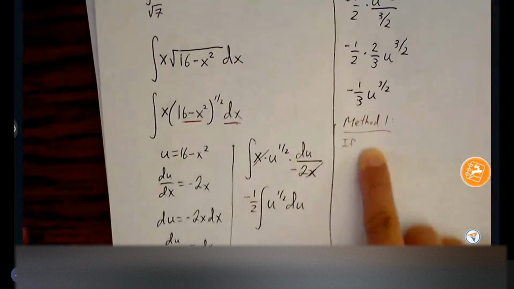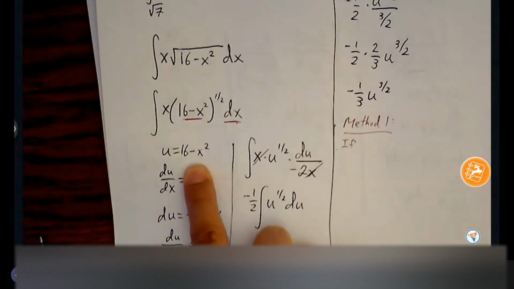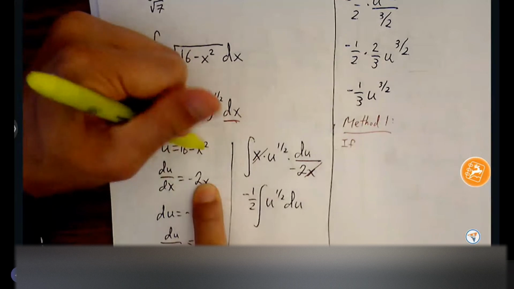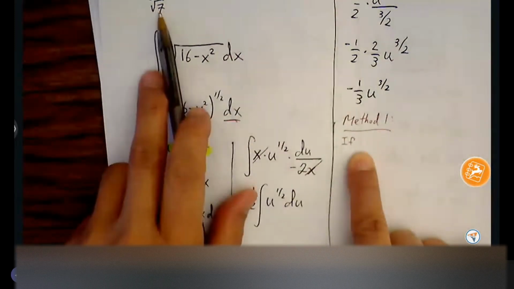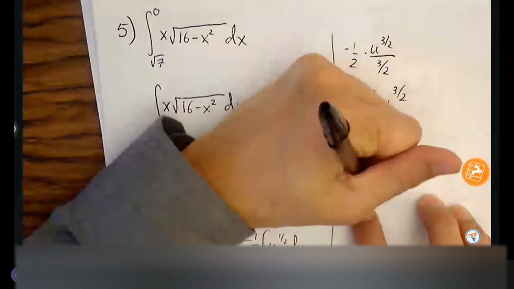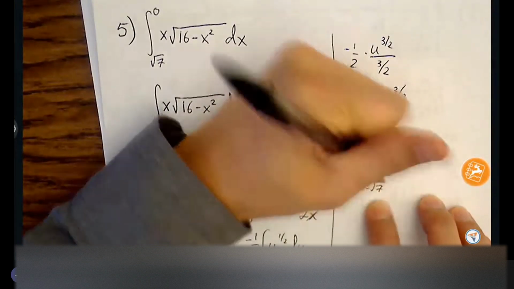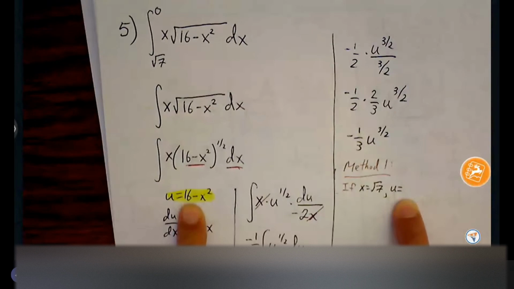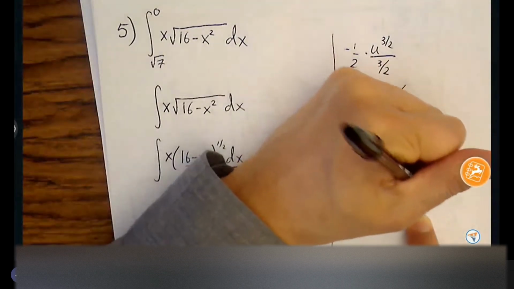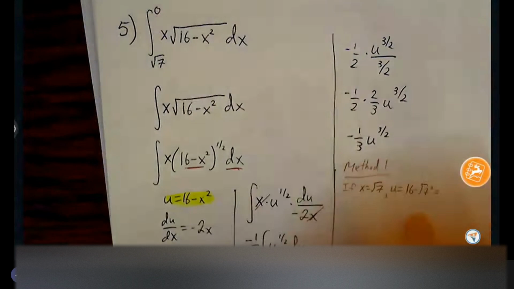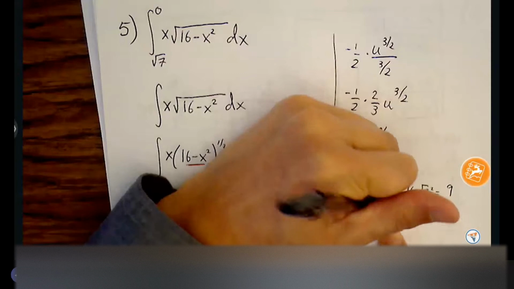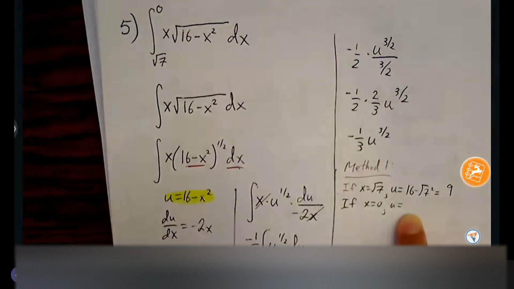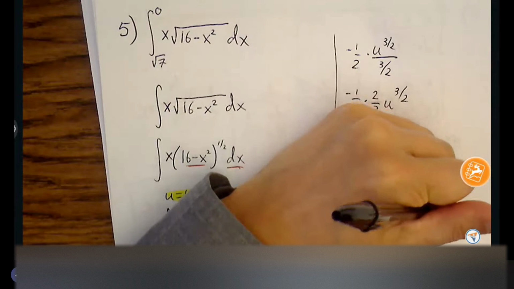My conversion is through this assigned expression between u and x. My lower bound was square root of 7, then u is equal to 16 minus square root of 7 squared, which is 9. Converting my bounds, if x equals 0, then u is equal to 16 minus 0, which is 16.